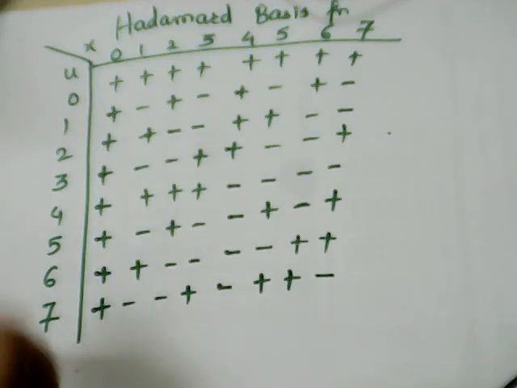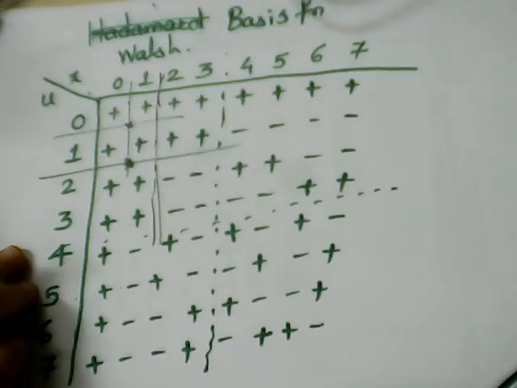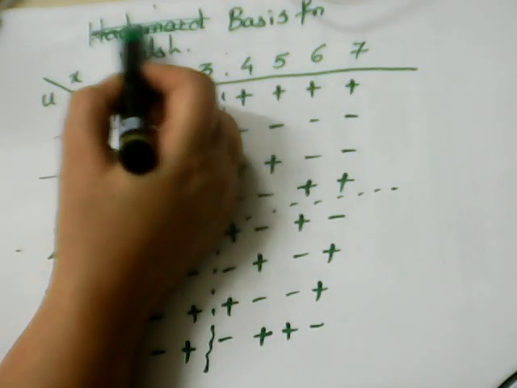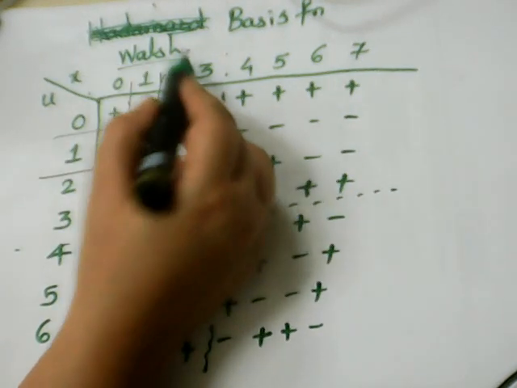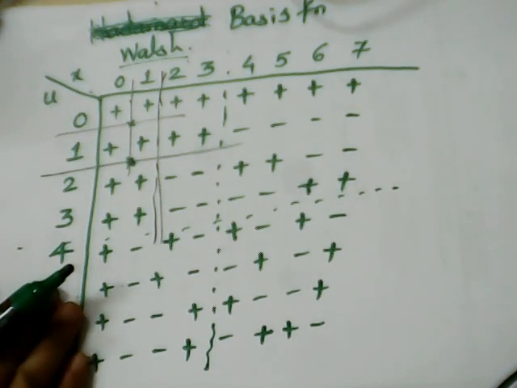So this is the correct Hadamard basis function. The previous one which I have shown you is for Walsh. It was just copy pasted. Wrongly the name Hadamard has come, but it is not actually Hadamard. This is the Walsh basis function, which I have already shown you.